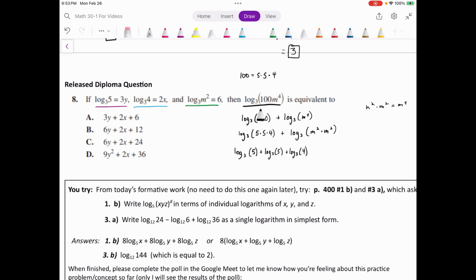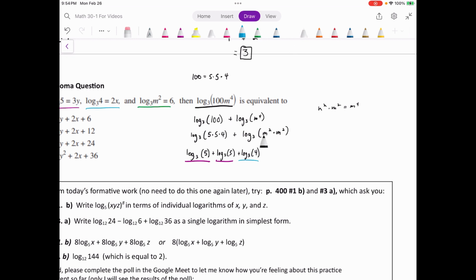That's this one split up into 3 separate logs. And oh my goodness, I know what log base 3 of 5 is, and I know what log base 3 of 4 is, right? This is just 3y, this is just 3y, and this is just 2x. Okay, and then over here, I've got log base 3 of m squared times m squared.